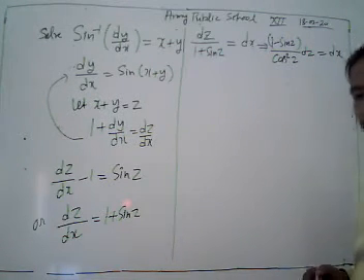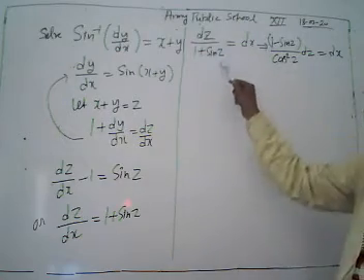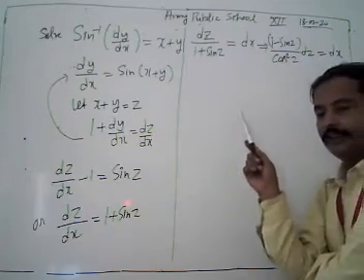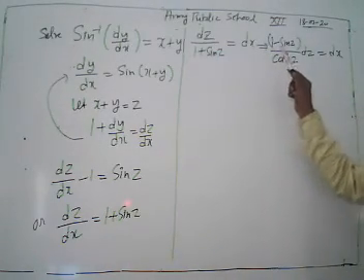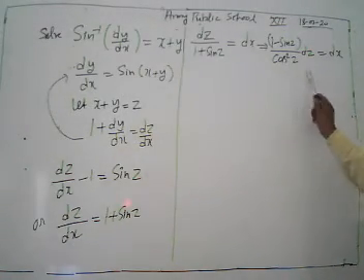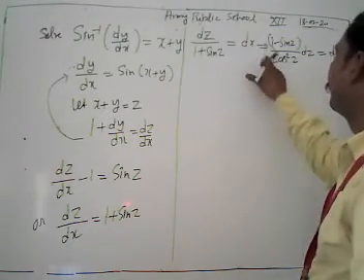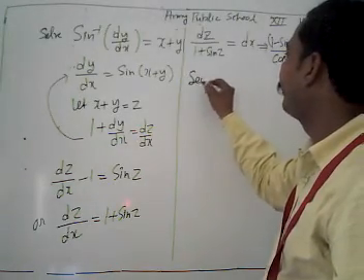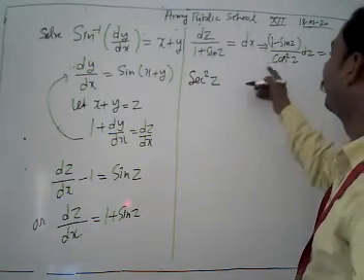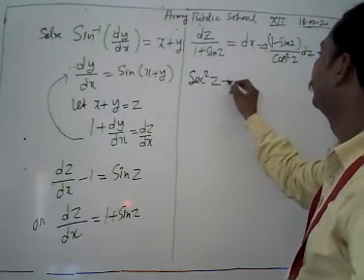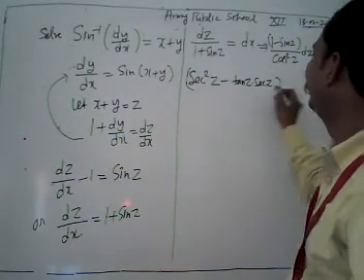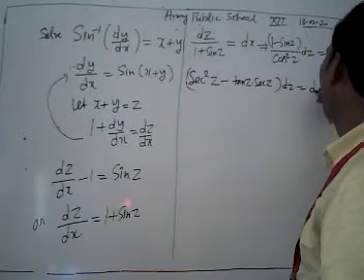I will revise again: we have dz upon 1 plus sin z, we rationalize by multiplying numerator and denominator by 1 minus sin z, and 1 minus sin square is cos square z. Then 1 upon cos square is sec square z, and sin z by cos square z is tan z into sec z, so we get sec square z minus tan z sec z, dz equal to dx.